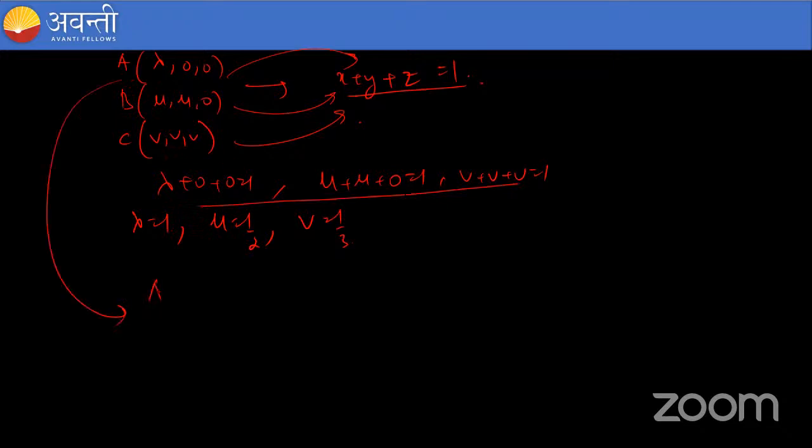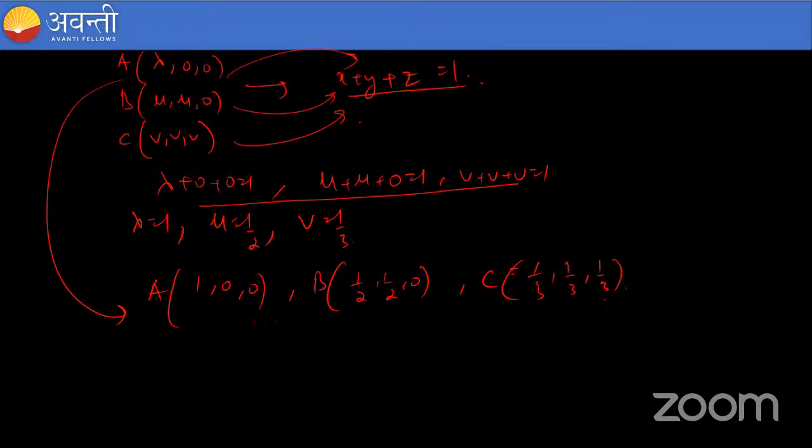So these points can be written as A = (1, 0, 0), B = (1/2, 1/2, 0), and C = (1/3, 1/3, 1/3). Now we have found the three vertices of the triangle.